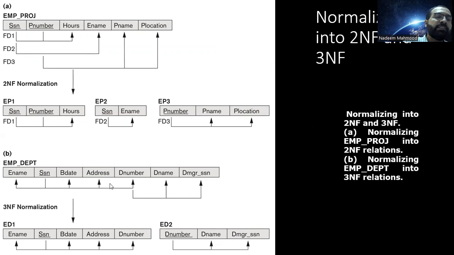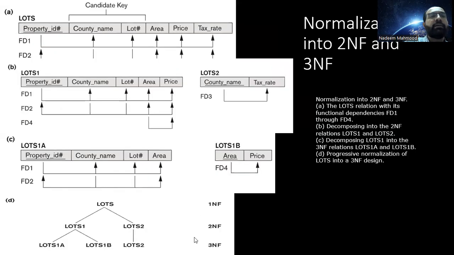So here, this problem is related to third normal form, because SS number determines D number and D number determines D name. So there is a transition. This is called transitive dependency. So what we do, we break the relation into two. One table represents the SSN, birth date, address, e-name, and D number. And the second table represents D number, D name, and manager SSN.